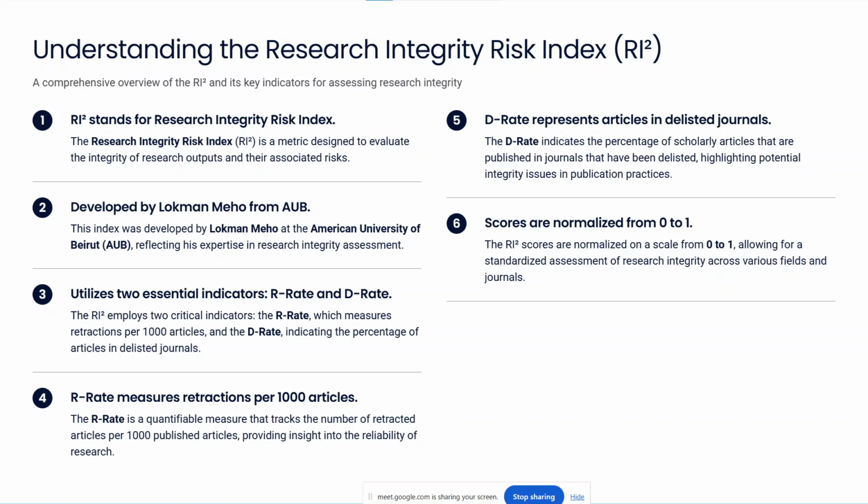Basically, we won't be calculating these things, but we will be checking the RI square index of every institution before applying for any position, whether it is a master's program, PhD program, or any faculty or research associate position. So these two factors, the retraction rate and delisted publication rate, are the important parameters of RI square.